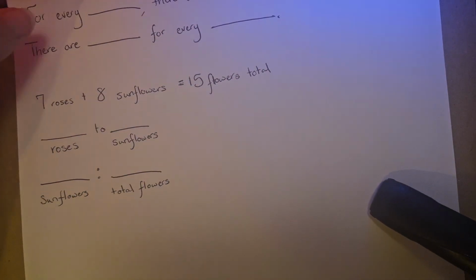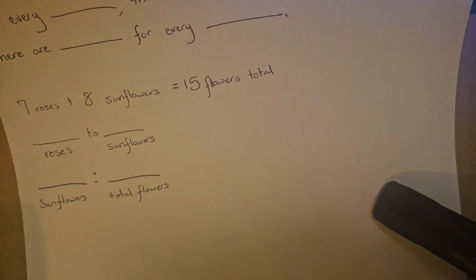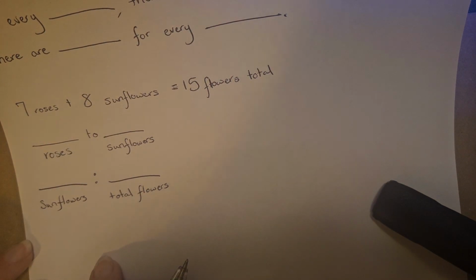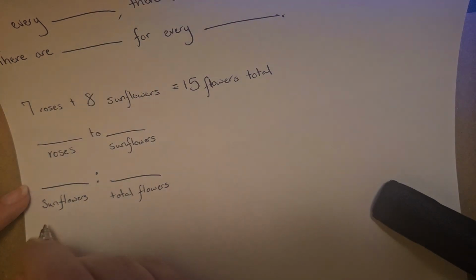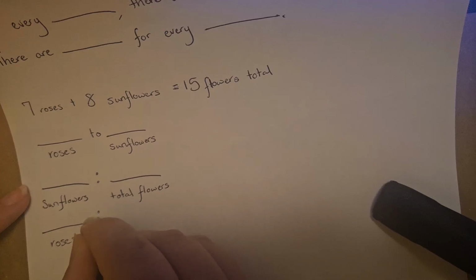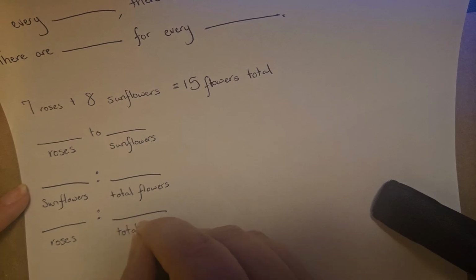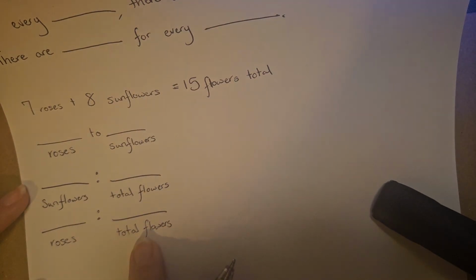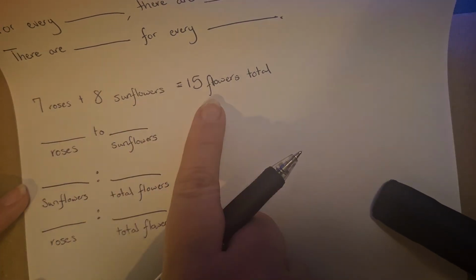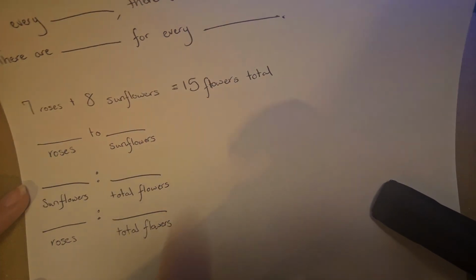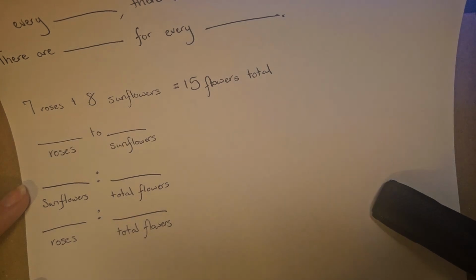There we go. And then the last one says the ratio of roses to total flowers. And again, we already know what the total flowers is. I'm seeing some people get really creative with this one and come up with some really random numbers. These are the only numbers you're going to need to answer these problems. So use that to help you.